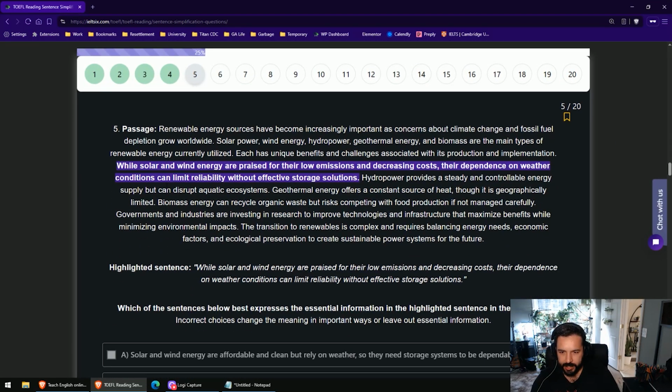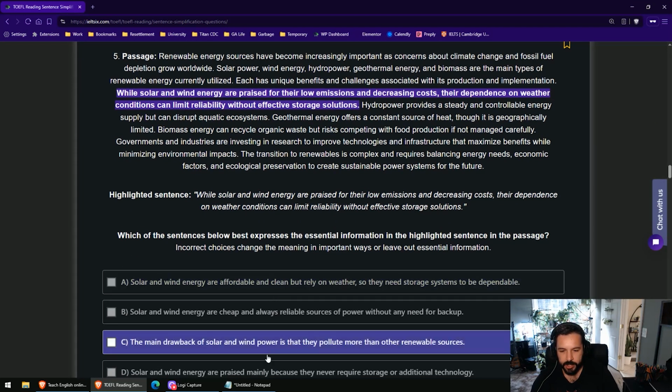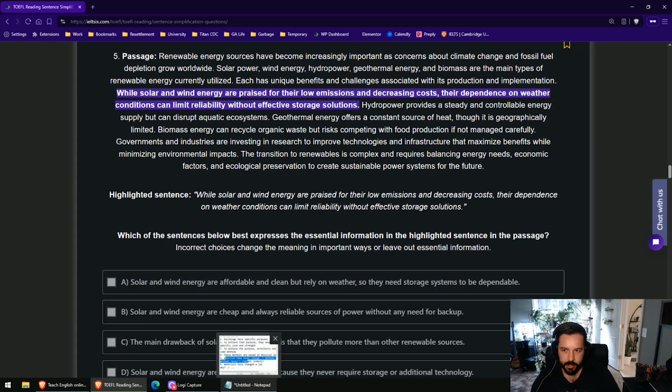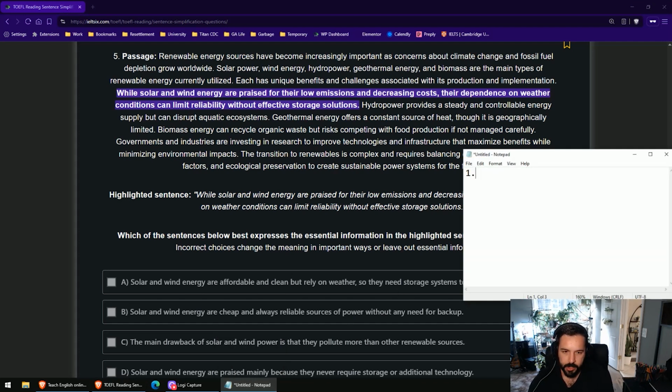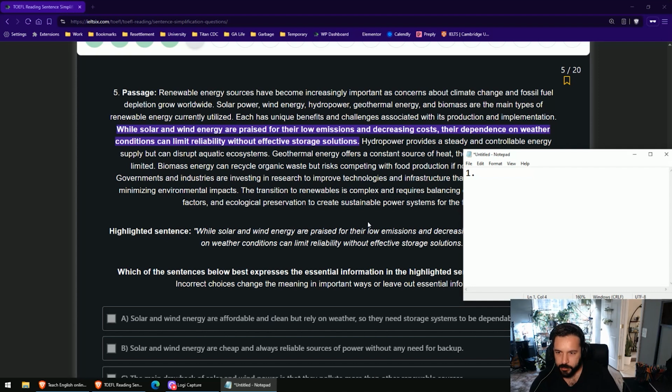While solar and wind energy are praised for their low emissions and decreasing costs, their dependence on weather conditions can limit reliability without effective storage solutions. Okay, so this one is relatively easier than the previous one. Quote unquote, green energies. It's all a scam. Green energies are clean and cheap.